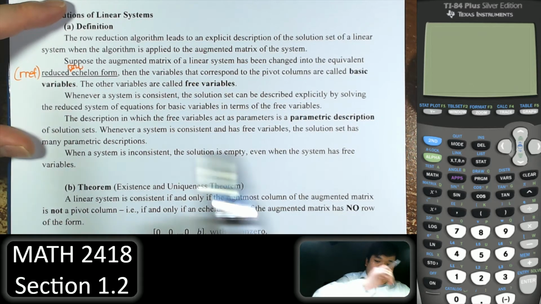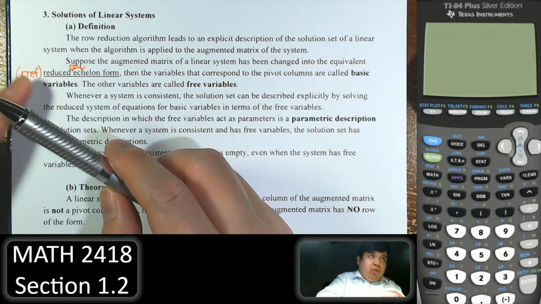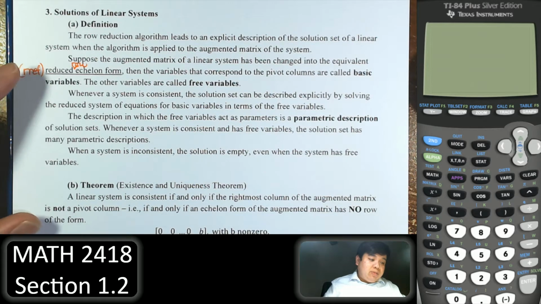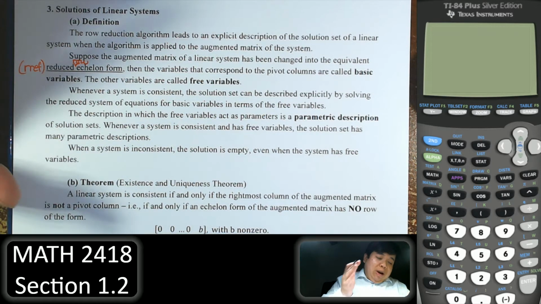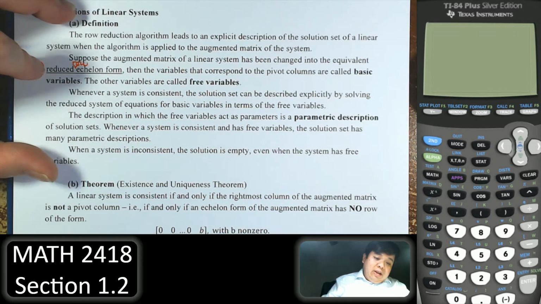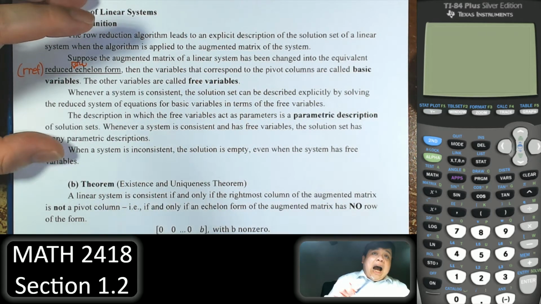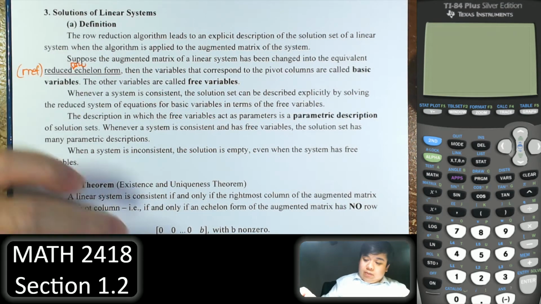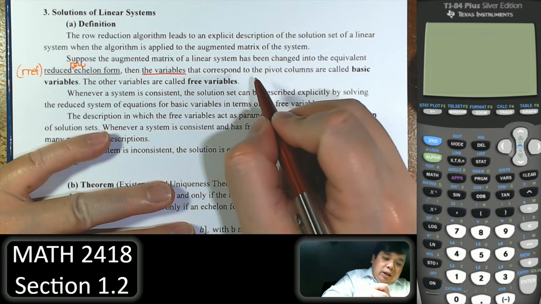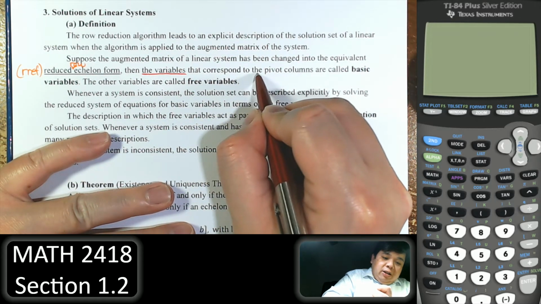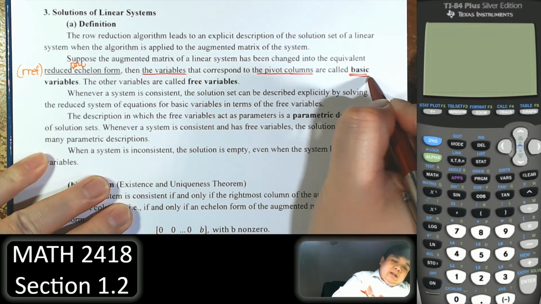I said after this section, mostly we only worry about the reduced row echelon form, hence the RREF. Now, in the matrix or the augmented matrix in that RREF, the variables that correspond to the pivots are called the basic variables.